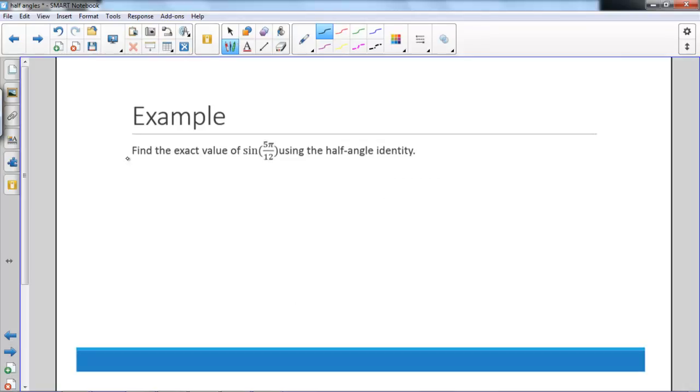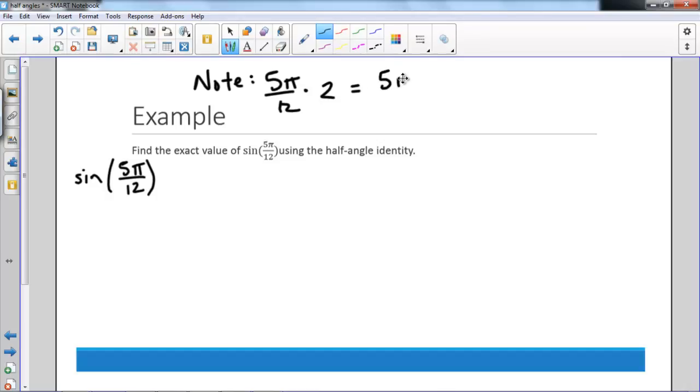All right, in this next example, we have sine 5 pi over 12, which is not on our unit circle. So as before, we need to think of radian measures that are on our unit circle. So here if we note that 5 pi over 12 times 2 equals 5 pi over 6, which is on our unit circle. So I can now rewrite this as sine of 5 pi over 6 divided by 2.